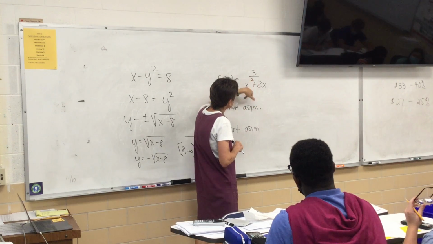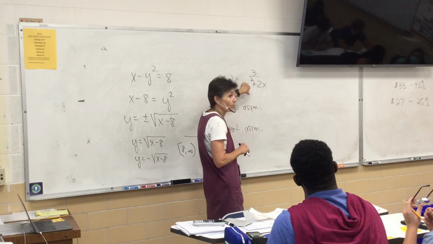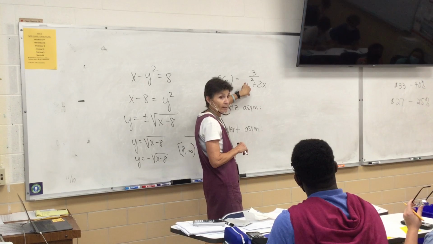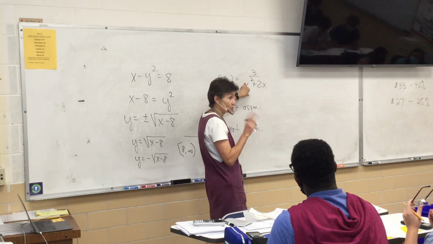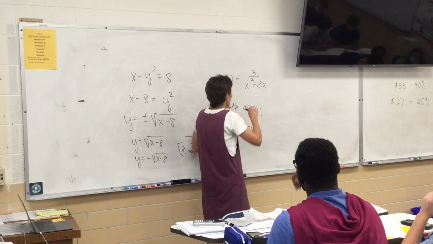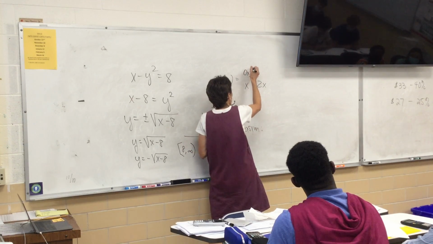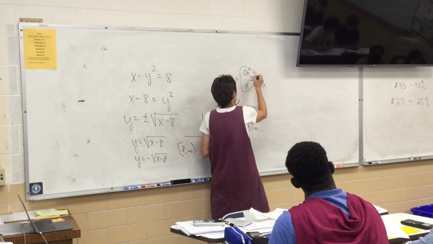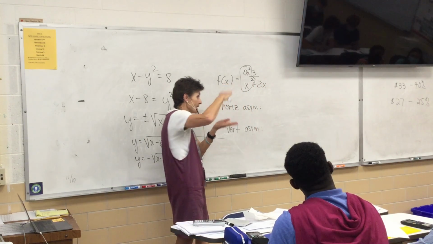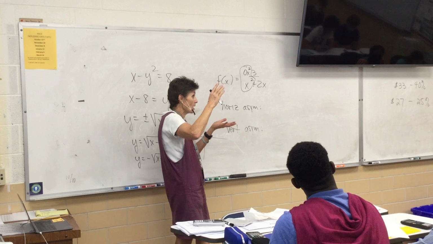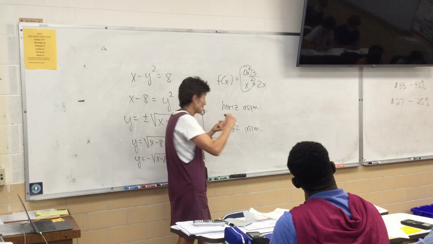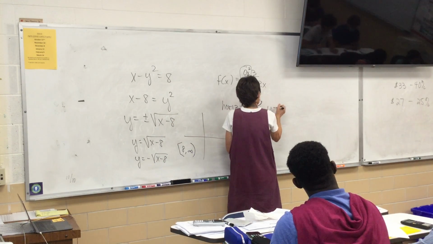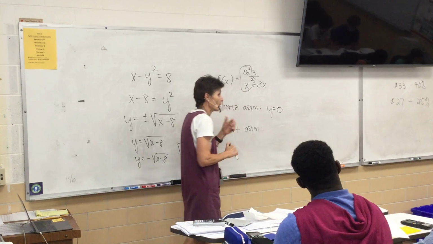Notice that in this problem, the highest power is x squared, right? And on the top, I have no x squares. So when I build my little comparison there, I have 0 over 1, which is 0. So my horizontal asymptote is at 0.